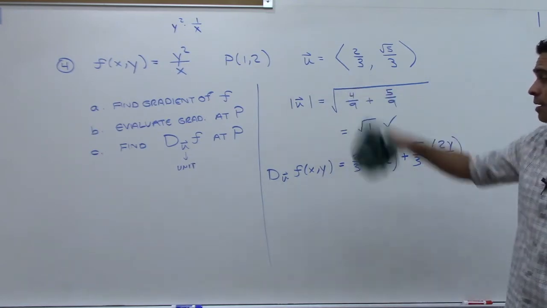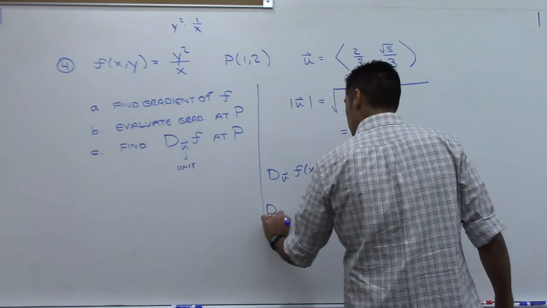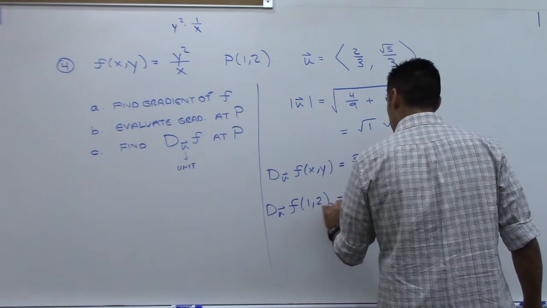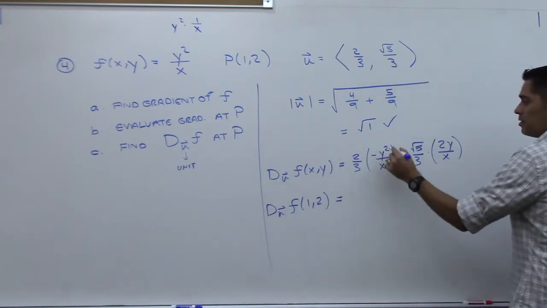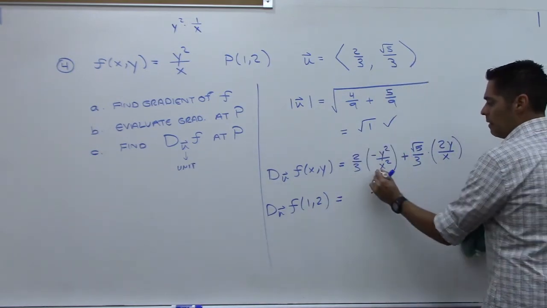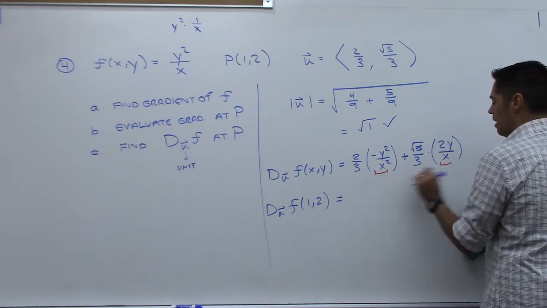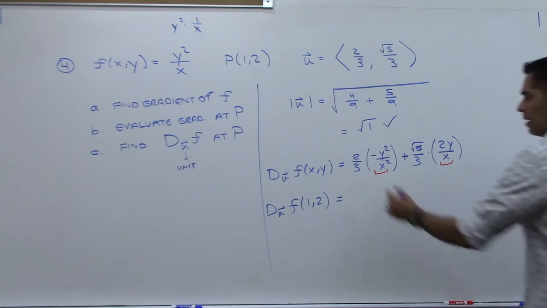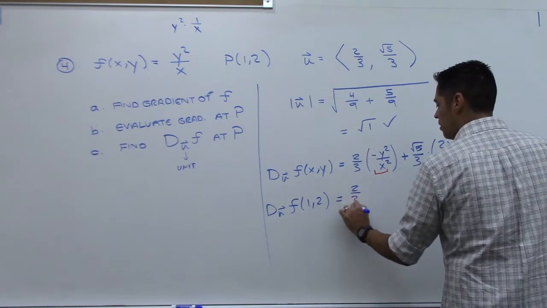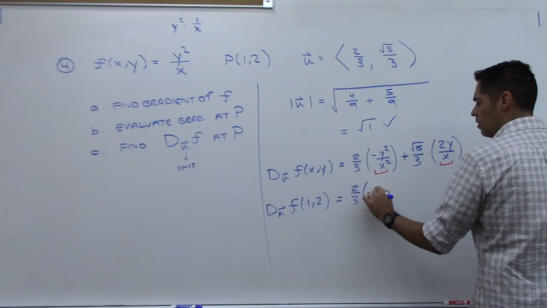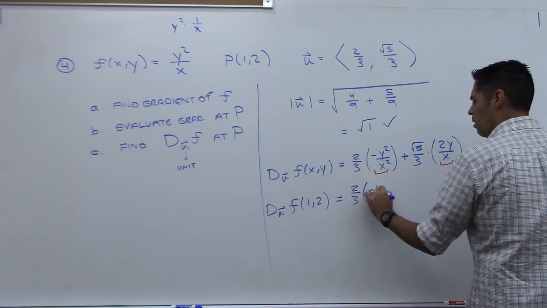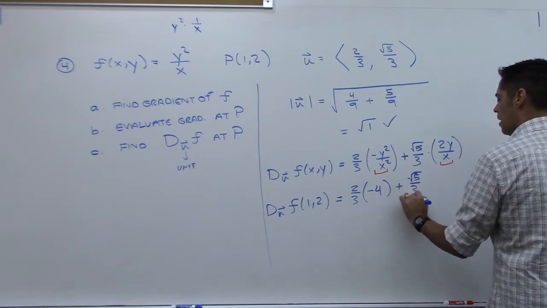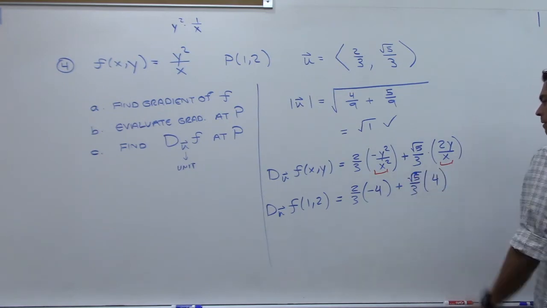So now I just need to plug in 1 and 2. So directional derivative of f at 1, 2 will be equal to, well, we already did this computation. I mean, notice right in here that this piece and this piece, that's the gradient, right? So I just scale it, right? 2/3 times, let's see, this first one was, what was it, negative 4, and then plus root 5 over 3 times this one was 4.